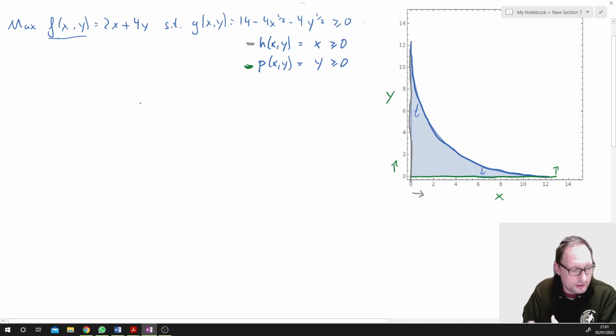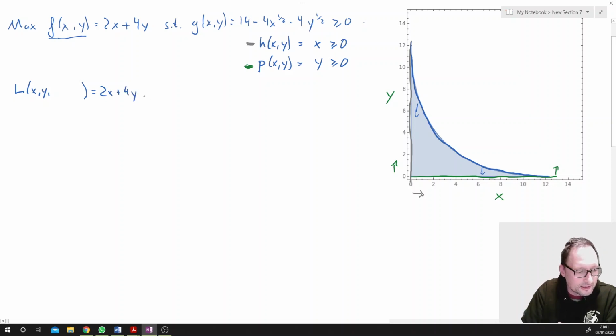So as we want to apply the Lagrangian methodology, let's write down the Lagrangian function. That is L of x and y, and then Lagrangian multipliers, and I leave some space here for the moment. So then the function, that's 2x plus 4y, and now our constraint term.